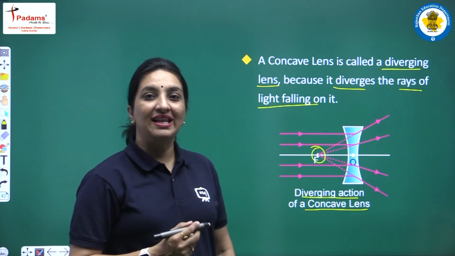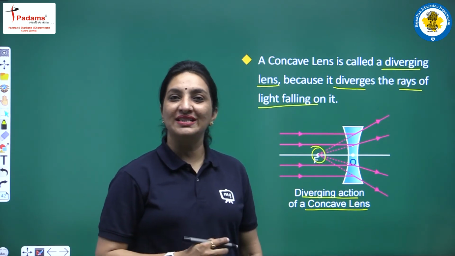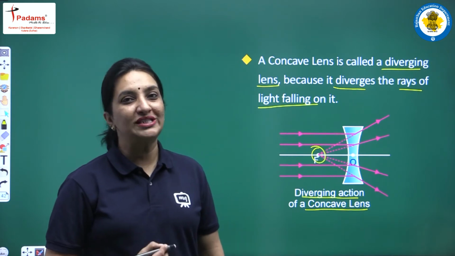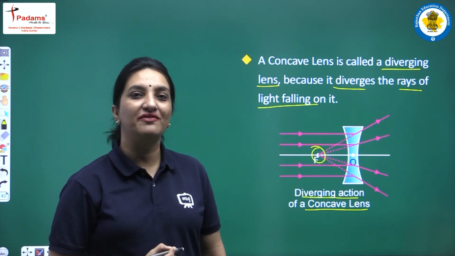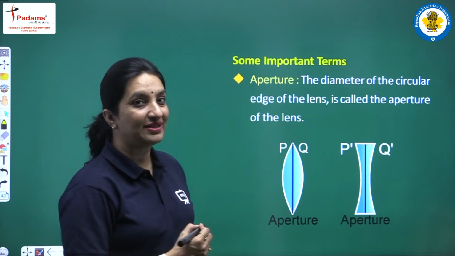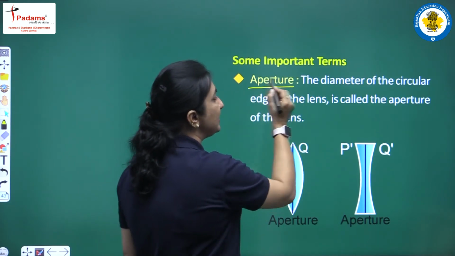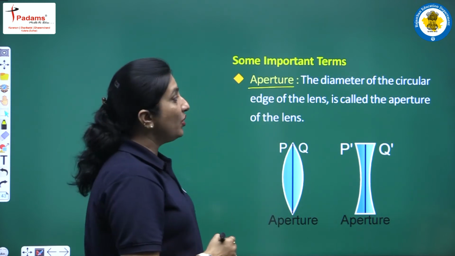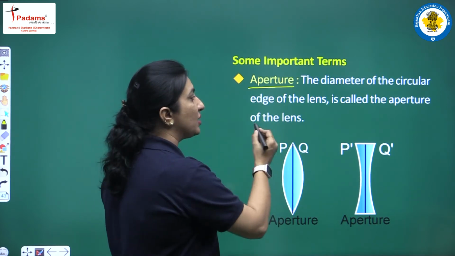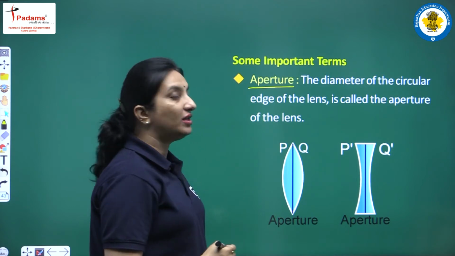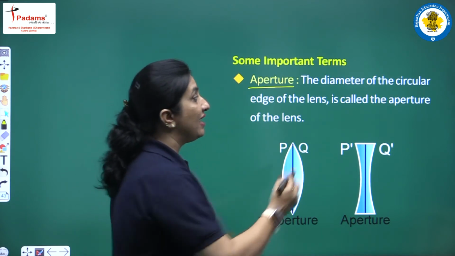Now let's learn some definitions related to lenses which are almost similar to the definitions we have seen in the case of mirrors. The first term is the aperture. The diameter of the circular edge of the lens is called the aperture of the lens.